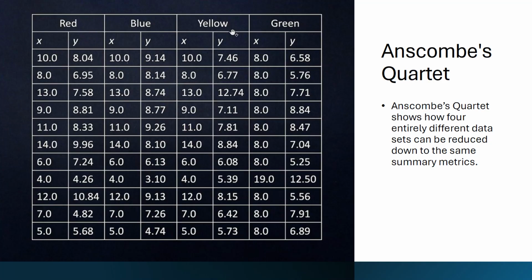The mean of Y is 7.5 in all the 4 data sets. Standard deviation is 1.94 in all the 4 data sets. And the correlation between X and Y is 0.816. So all the 4 different distributions, or different nature of the data, are summarizing to the same value.